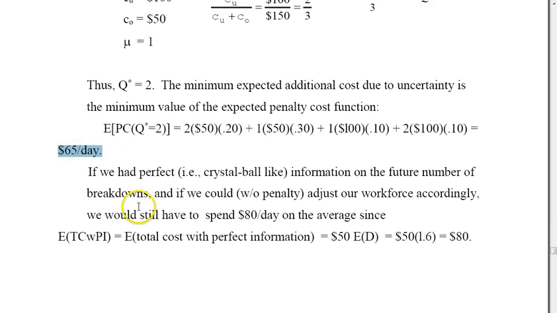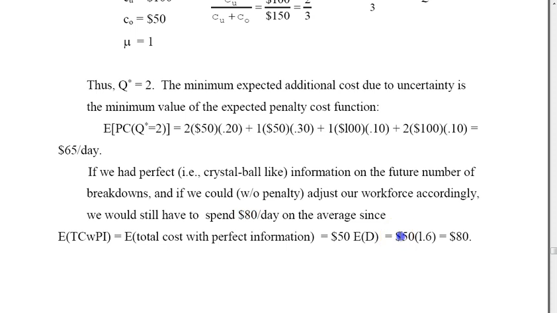Now, if we had perfect information, a crystal ball, that is, we are able to hire exactly the same number of people as machine failures, we still have to spend $80 per day on machine failures. We call that the total cost if I had perfect information, because on average I would have 1.6 machine failures.